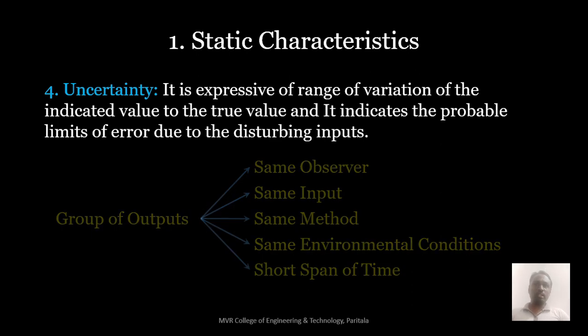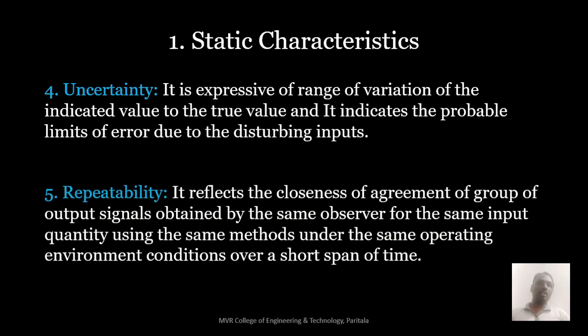So repeatability reflects the closeness of agreement of the group of output signals obtained by the same observer for the same input quantity, using the same method under the same operating environmental conditions over a short span of time. This is repeatability, one of the static characteristics.